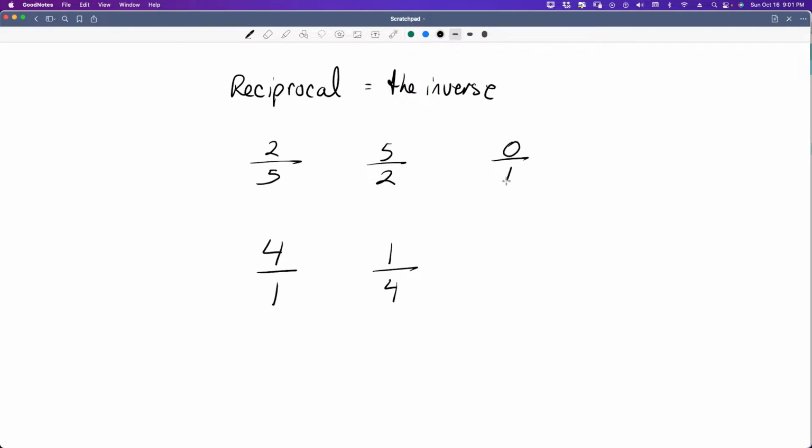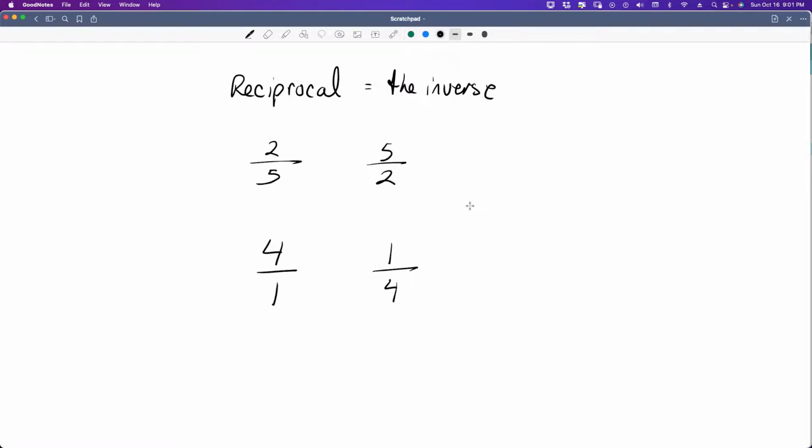Because 0 over 1, if 0 is a whole number, the value is still 0, right? So we can't flip this at all. You can't put 1 over 0 because this becomes indeterminate. So we can only do whole numbers and fractions with a reciprocal.